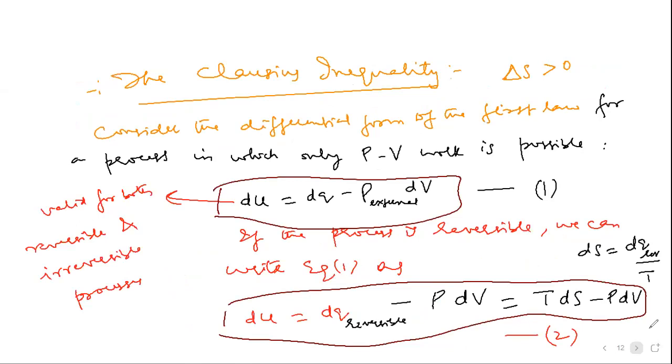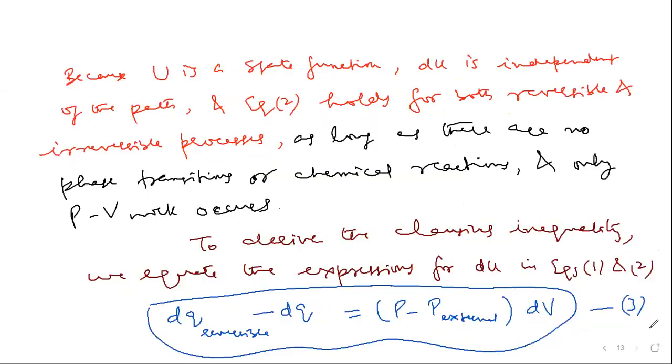Now this equation 3. Now if p minus p external is greater than 0, that means system pressure is greater than the external pressure, the system will spontaneously expand.